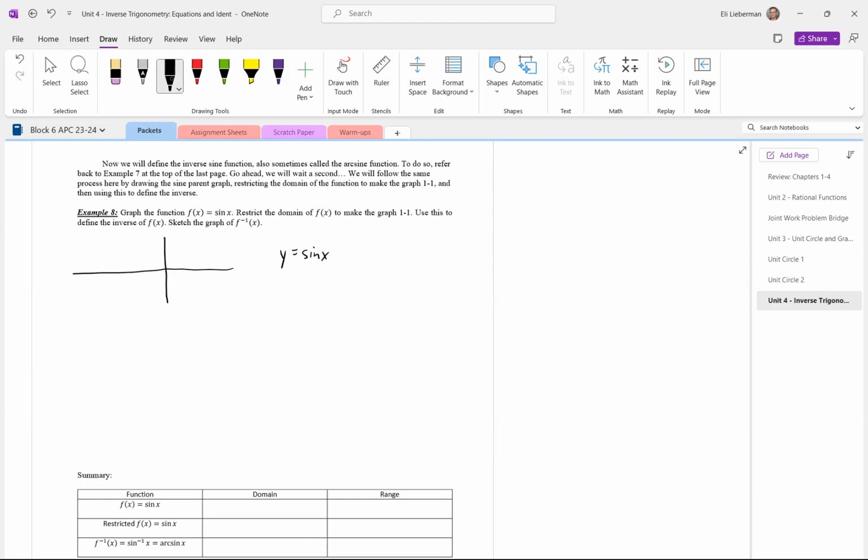Inputs, going positive, negative. In terms of trigonometry, the sine goes down.